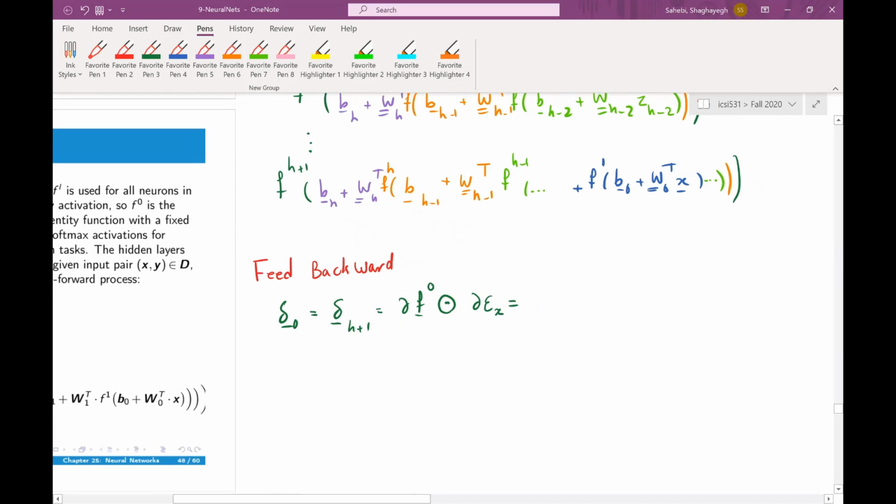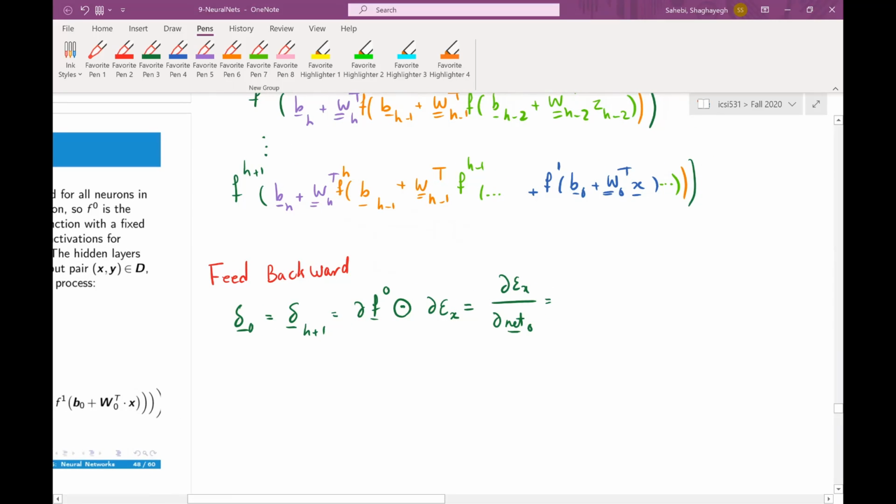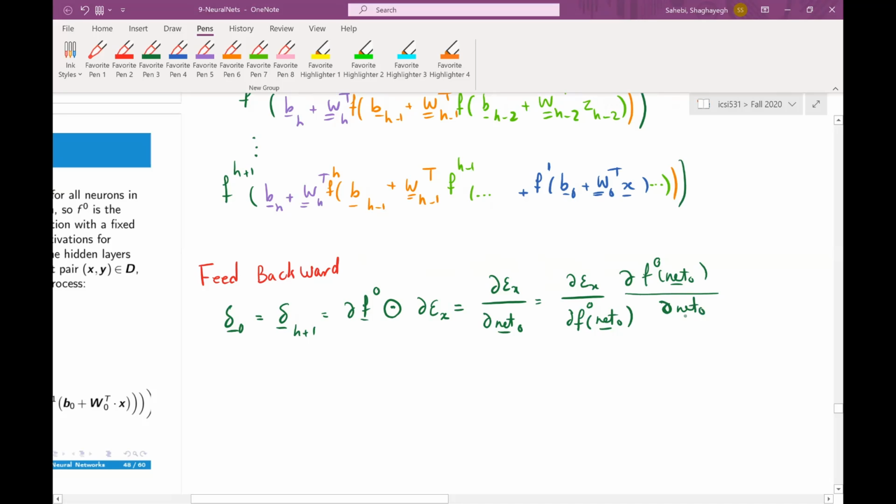What we are saying is that the derivative of error with respect to net O, the net value for the output layer, we can write using the chain rule as the derivative of error with respect to the output itself, or activation FO of net O, multiplied by the derivative of FO of net O over net O itself, right?